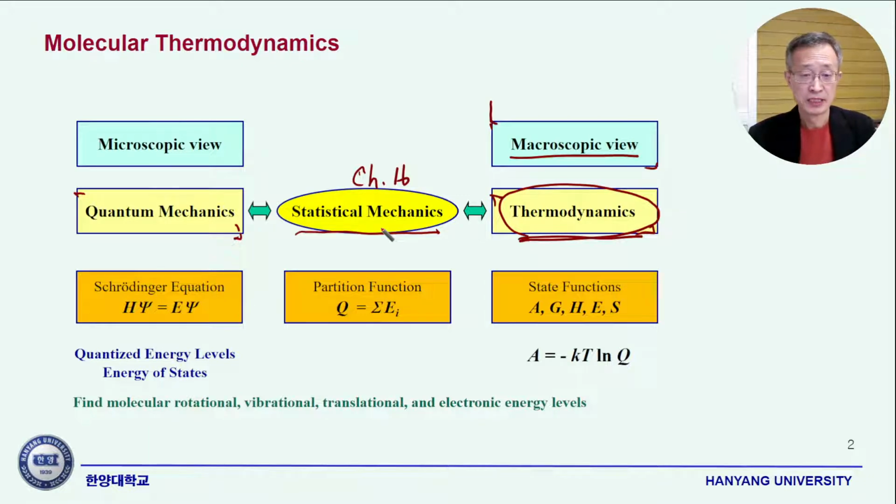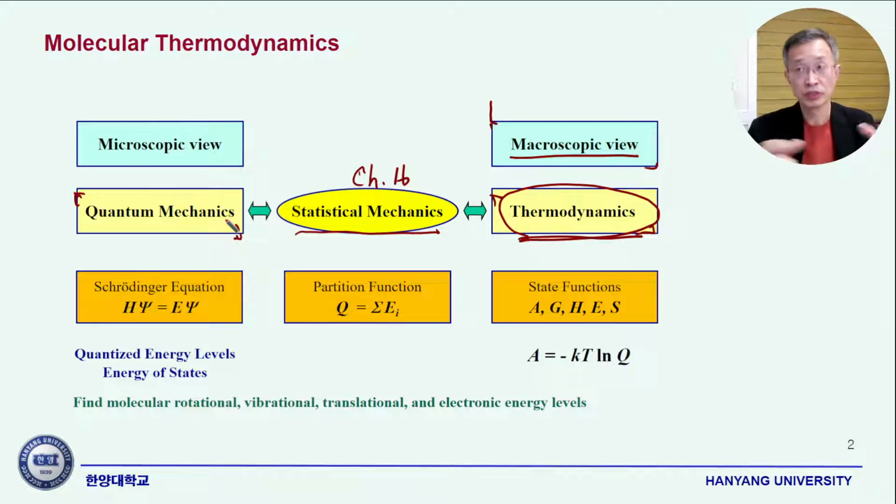What we do in this molecular thermodynamics is that we begin here, with quantum mechanics. In this first lecture, I will just briefly describe how we take a quantum mechanical approach to a problem.